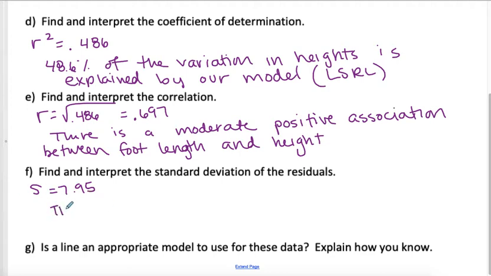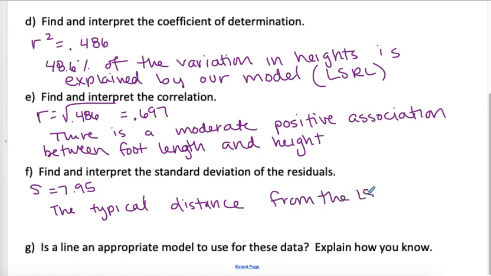So we're going to say this is the typical distance from the least squares regression line is about 7.95 centimeters. So when we're using our line to predict the height overall from foot length, our estimations are going to be typically within about 8 centimeters. That's what that's telling us.